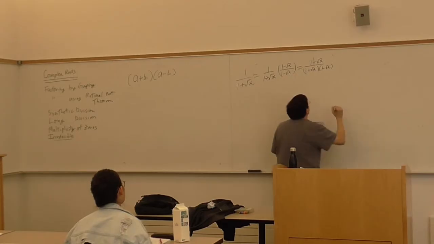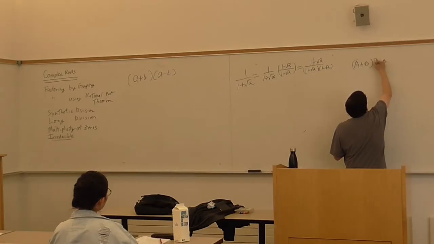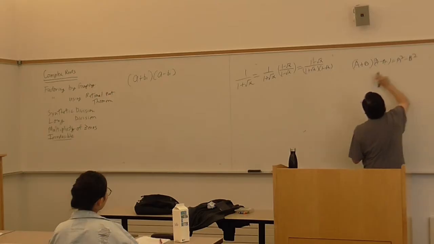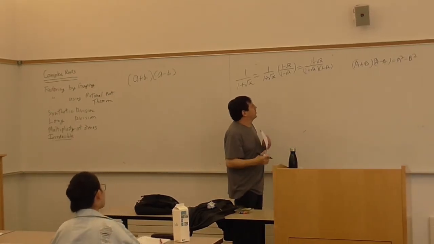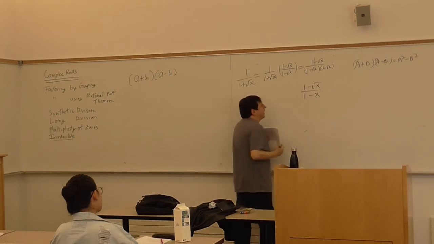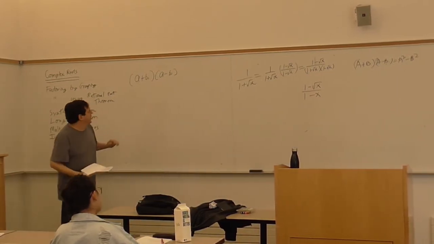The whole reason I did that is because I know that a plus b times a minus b is a squared minus b squared, and I wanted that square root of x squared to get rid of it. So I just end up with 1 minus the square root of x over 1 minus x. That's a radical conjugate.